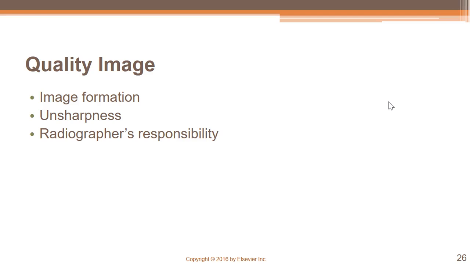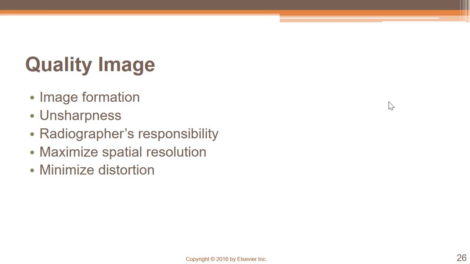Diagnostic quality is achieved when you maximize the amount of spatial resolution or recorded detail and you minimize the amount of image distortion. So again, if you have patient motion, then it's up to you to catch it either when they're not moving or make that image so quickly that you miss the motion.